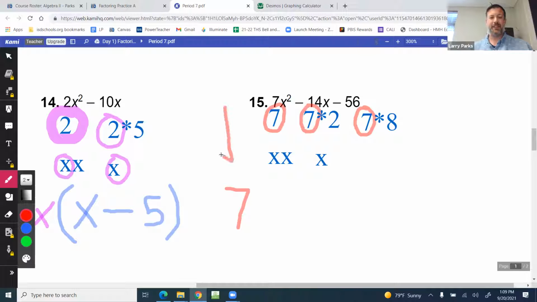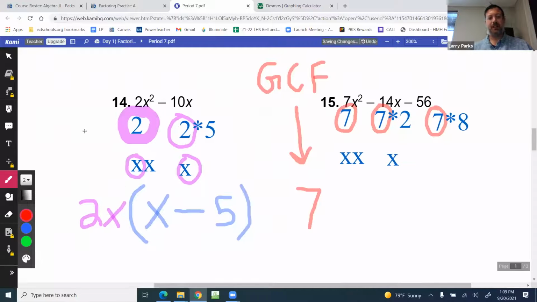This is the GCF. Earlier we called 2x the GCF, the greatest common factor. And what we mean by greatest is, yes, 2 is a factor. Yes, x is a factor, common factor. But what's the greatest? 2x. What's the greatest here? 7.